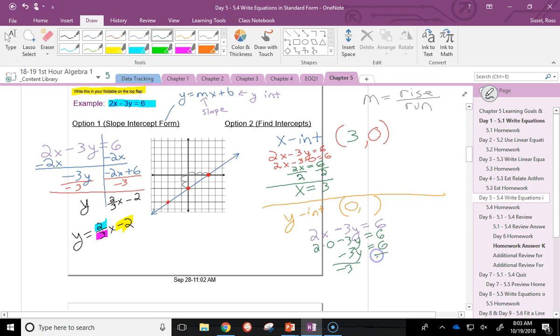Divided by negative 3, y equals negative 2. And if we look, we had 0, and we had that negative 2. And then you could just connect your 2 points. So when we are asked to graph from standard form, you can do it either way. Go to slope-intercept form and solve, or you can just find the 2 intercepts.